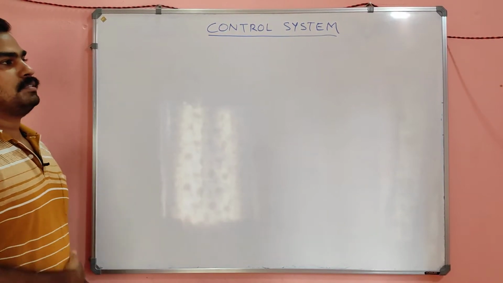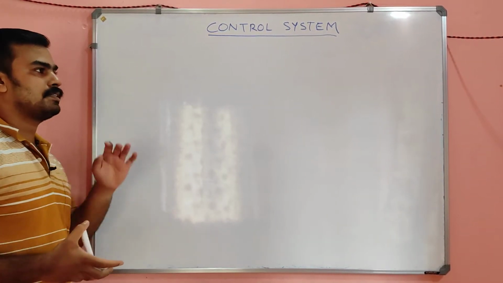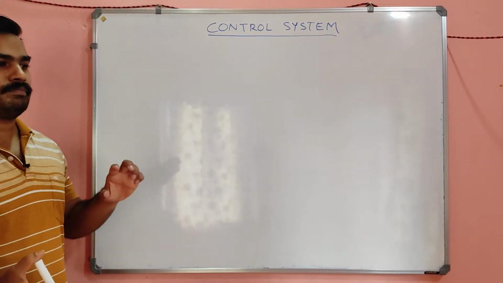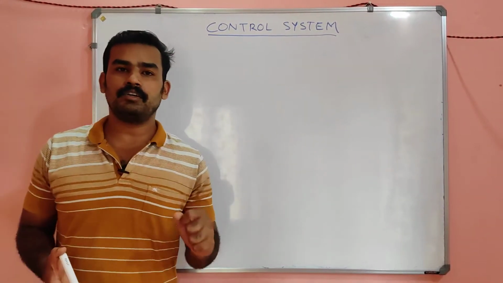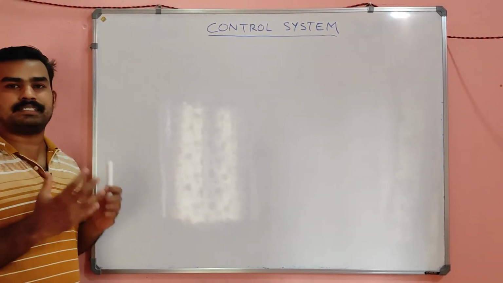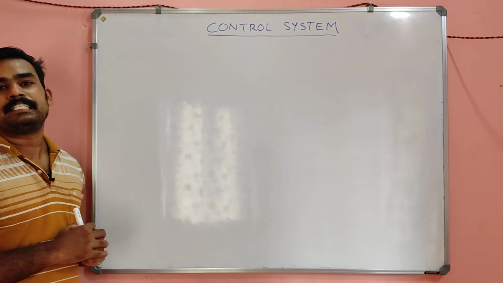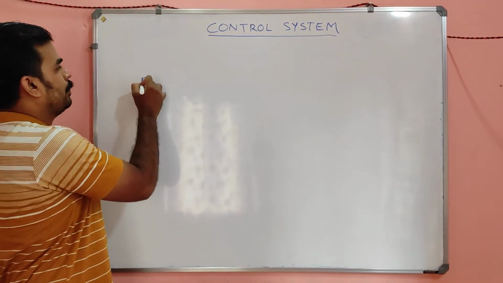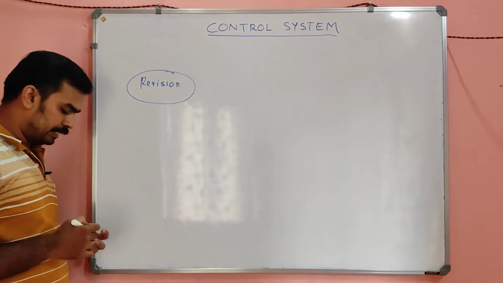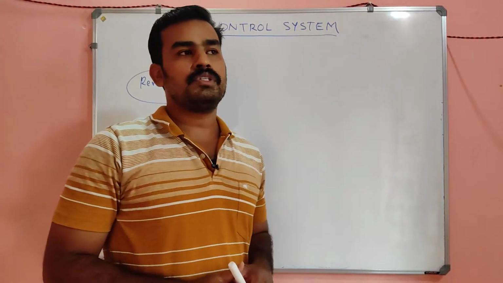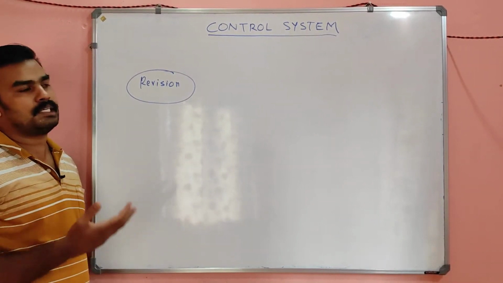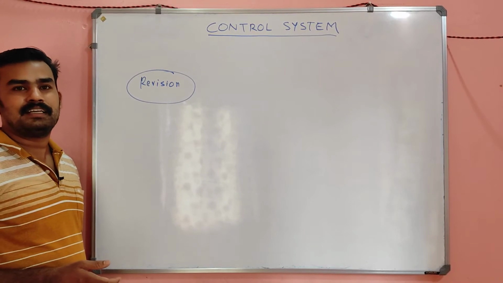And I'll tell you one general thing, my dear. The success of any person attending a competitive examination lies in revision. It's a very, very important term. So why do we have to remember all these factors or equations?